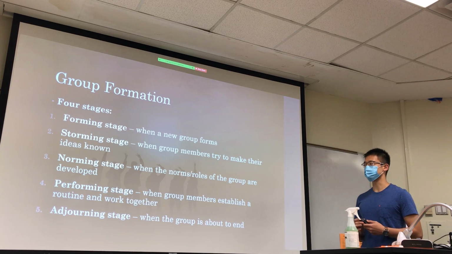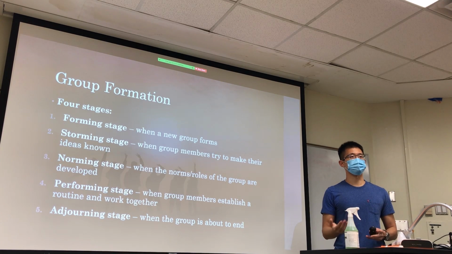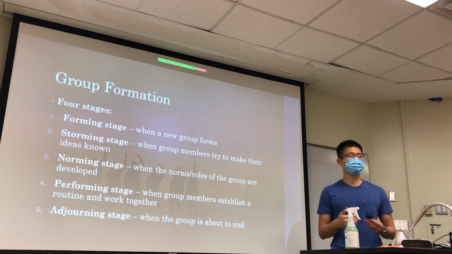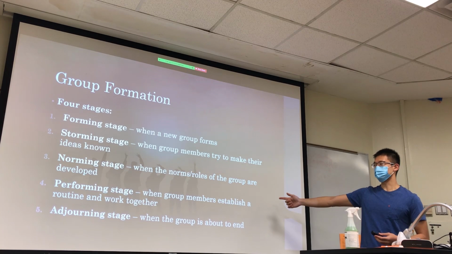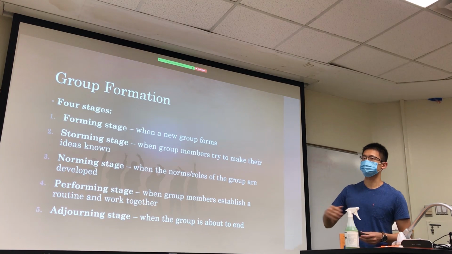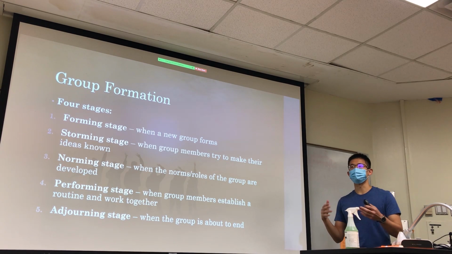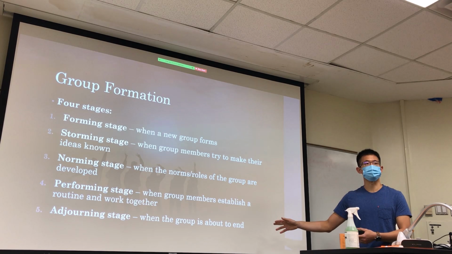And then the performing stage is when you decide whether you're going to work on this once a week together, or work on it individually and then meet together once a week. So that will be establishing a routine and working together. At the end of the semester, after the project, the report, the presentation, when there's no other purpose for the group, that's when the group is about to end, right?